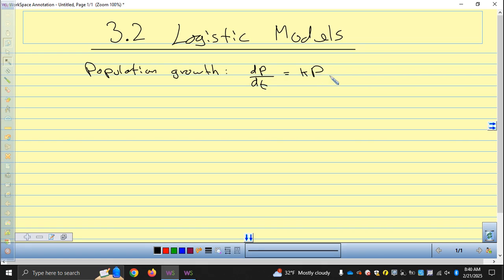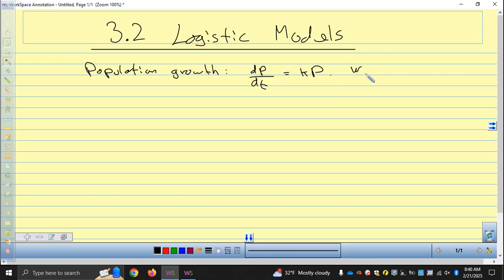So population growth, exponential growth or decay, radioactive decay, that's what I meant to say there, we can model with this differential equation. And we know we get an exponential solution here. This is a separable differential equation. We get an exponential solution.